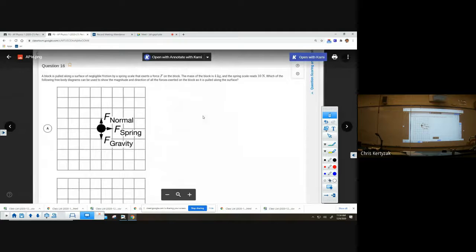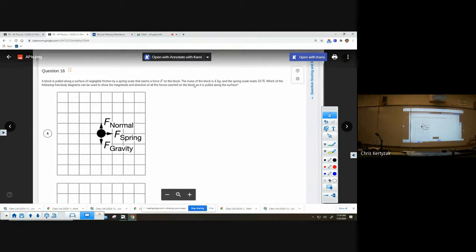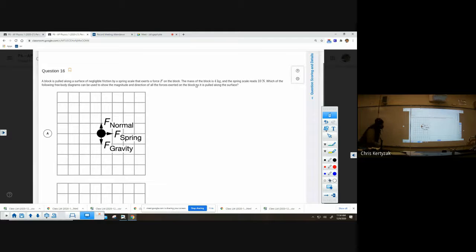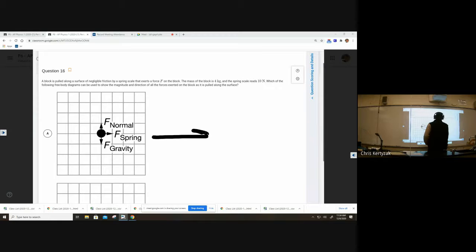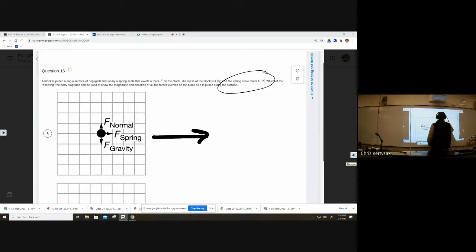I think the thing that we have to reference is the spring scale is pulling with 10 newtons of force. What is the weight of this block? The force pulling it to the right is 10 newtons. What does it weigh?